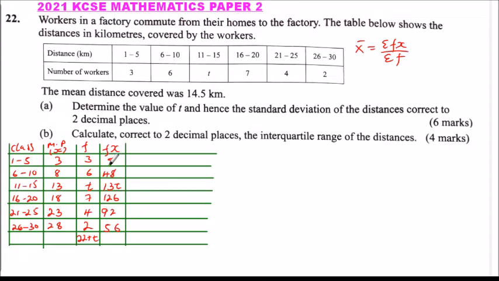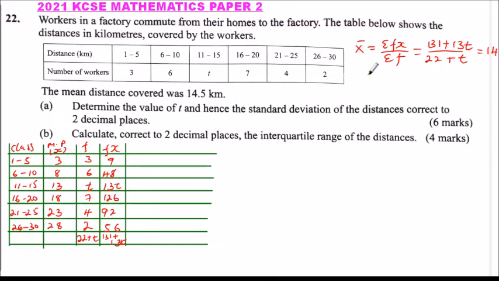If you sum the fx, you find that it is 131 plus 13t. So this means that we can get the mean. X bar is equal to 131 plus 13t divided by 22 plus t, and this is equal to the mean we have been given, which is 14.5. So with that you can now get t.